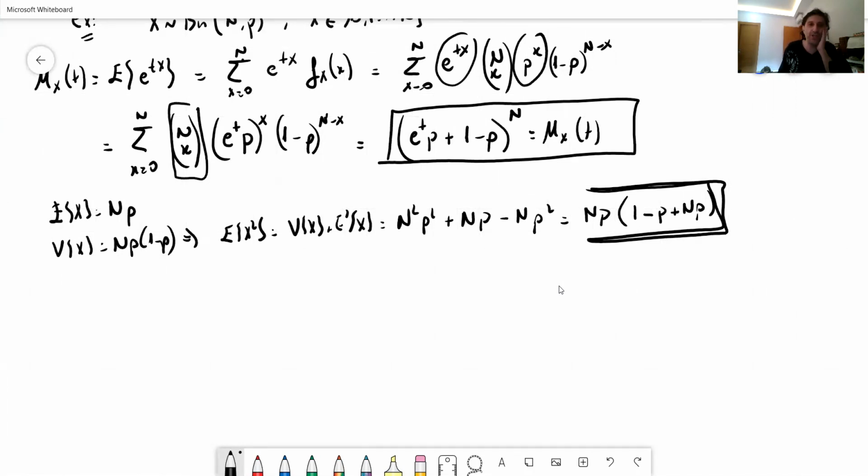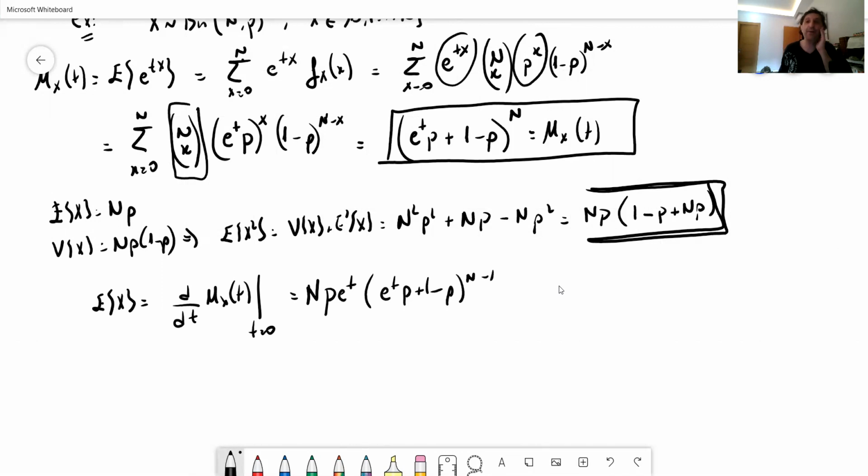Now, using this moment generating function, the expected value of x should be equal to the first derivative of the moment generating function at t equal to 0. So we are going to take the derivative with respect to t. It's going to be n times (p e to the t plus 1 minus p) to the power n minus 1, times p e to the t.